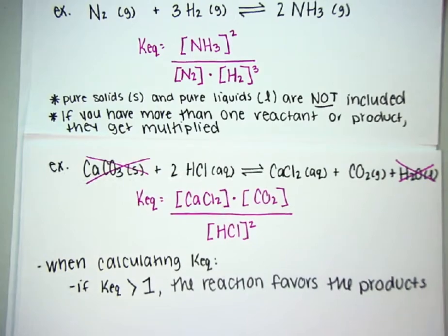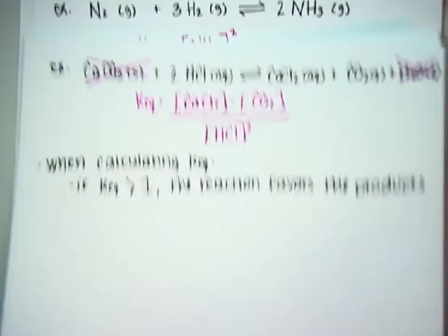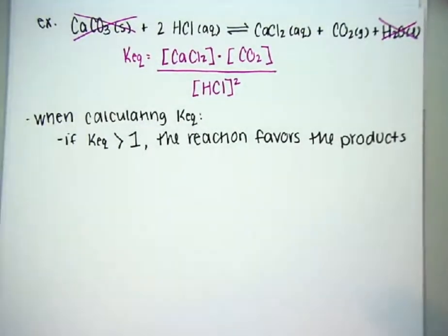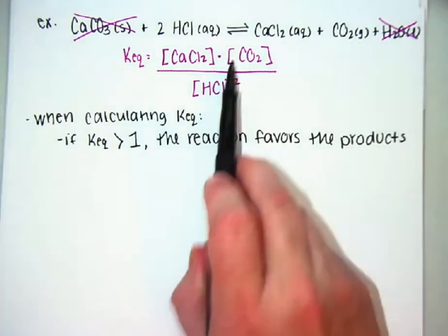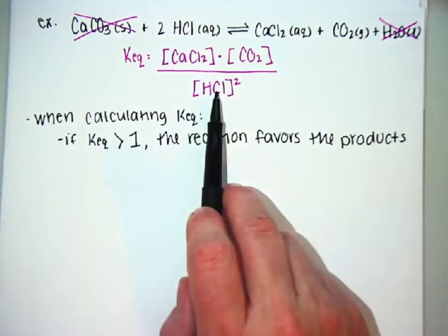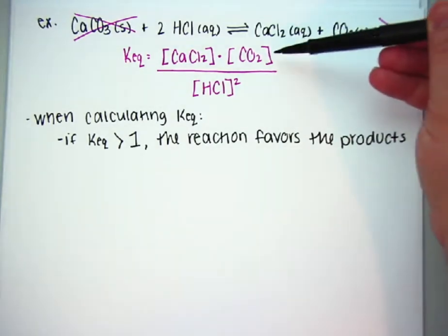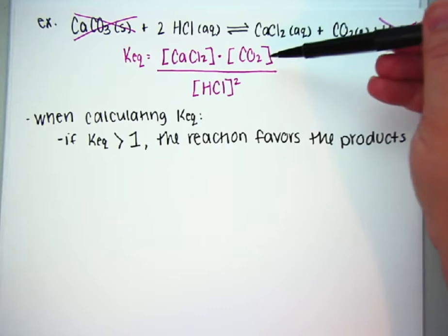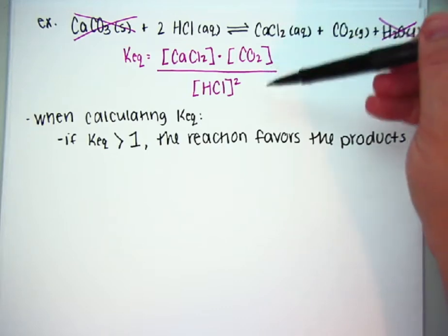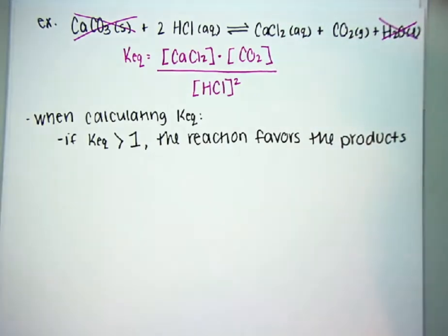That shouldn't be something you have to memorize. That should be something that makes sense. Products over reactants. If you have a higher concentration of products, that means the numerator is bigger.